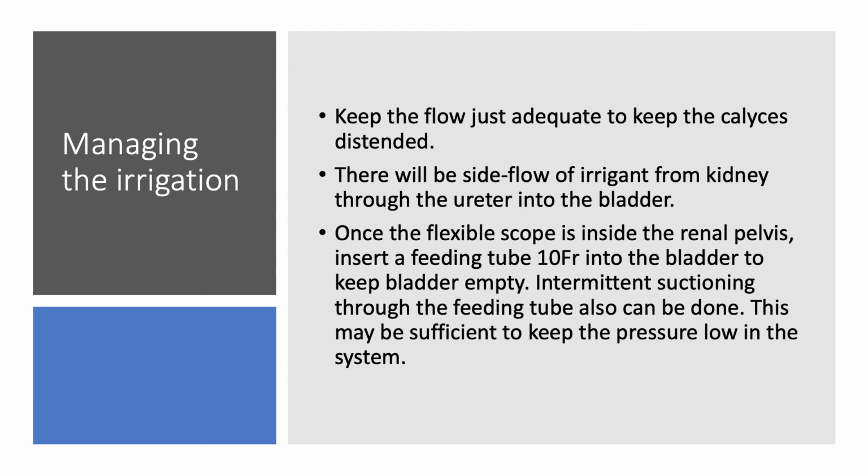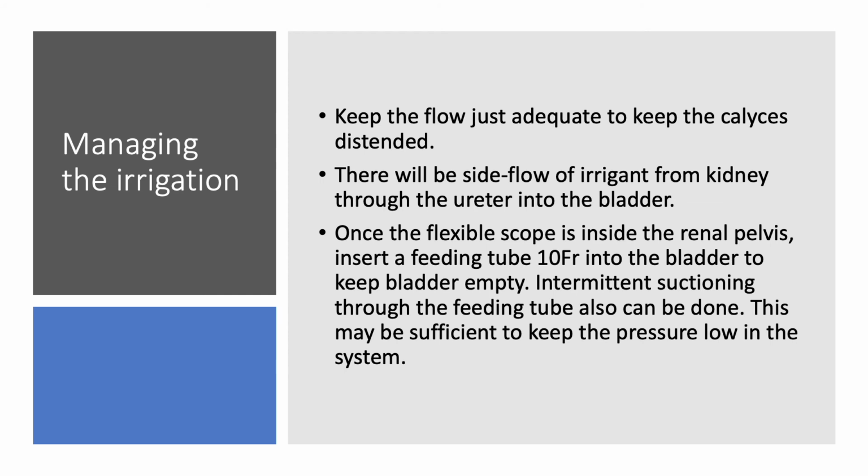By this technique, we have made the bladder a low pressure system since irrigant freely goes out of the bladder. So we can have a good side flow of irrigant from the kidney through the ureter into the bladder. Now the drainage is through the space between the flexible scope and the ureter, which is a distensible space.